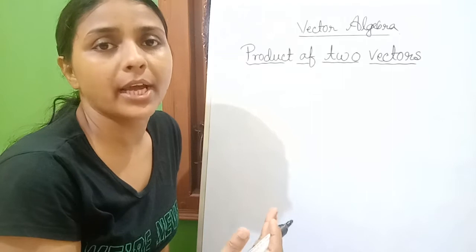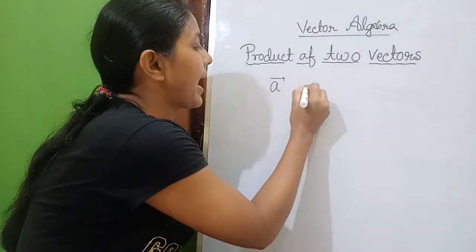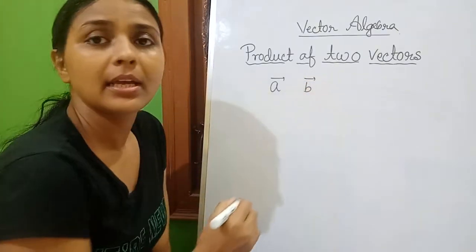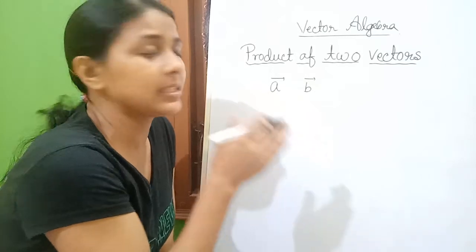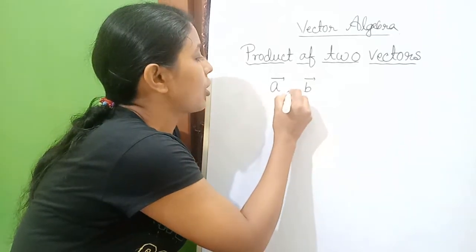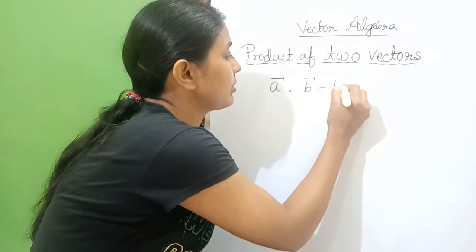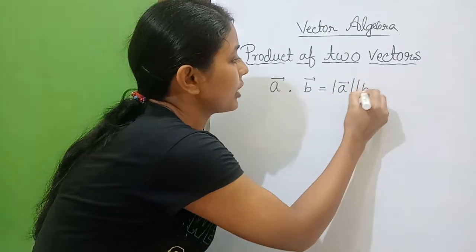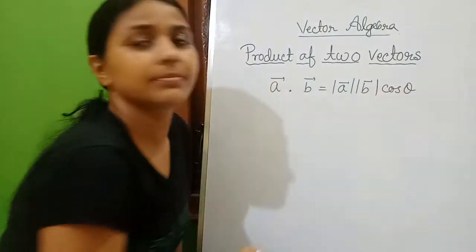First we need to know that for two vectors A and B, the scalar product of these two vectors is defined as A dot B equals to modulus of A into modulus of B into cos theta.